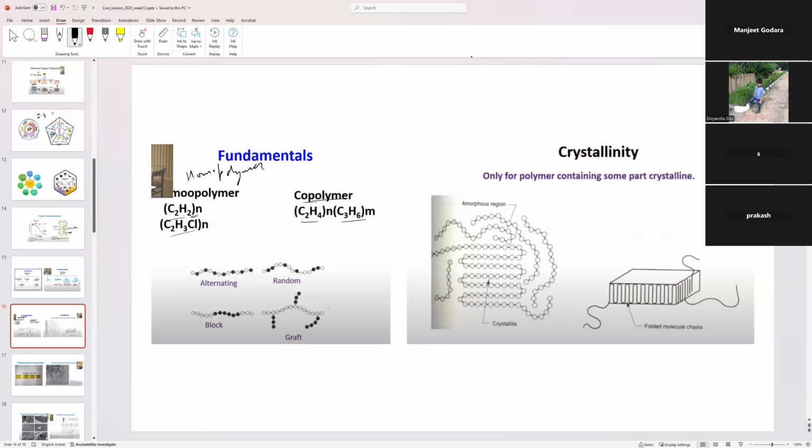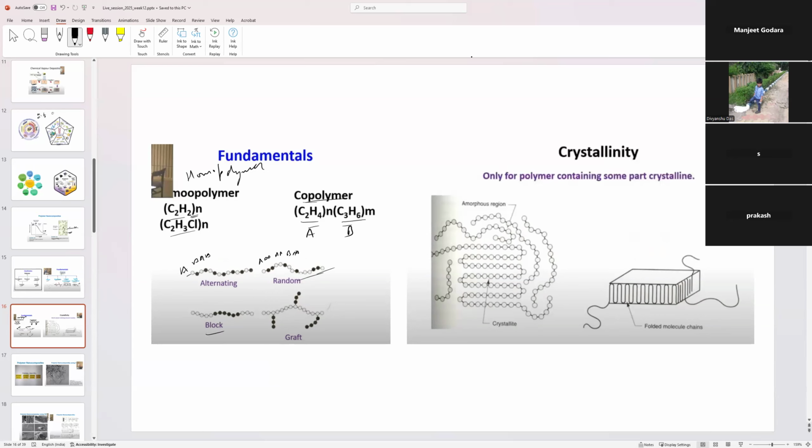But depending on how you mix them, you can have alternating, so if this is A and this is B, you have A, B, A, B. Then random, where there are some A, then B, then some A again, B, some A again, randomly in series.